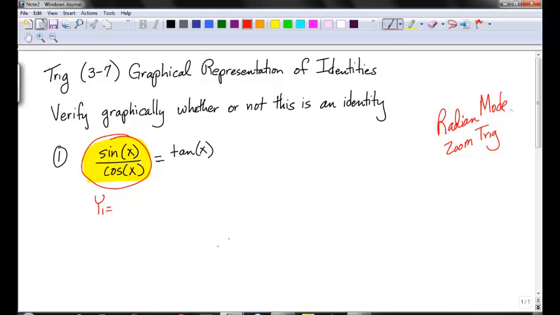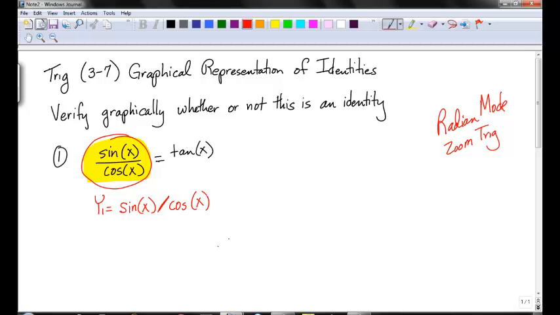So we want to do sine of x, close the parentheses, divided by cosine of x, and close the parentheses. Now, if I ask you to write this on the test, write it the way it appears on the calculator. So you'd say sine of x, and we close the parentheses. The division sign's not horizontal on the calculator. It looks like this on the calculator, and cosine of x.